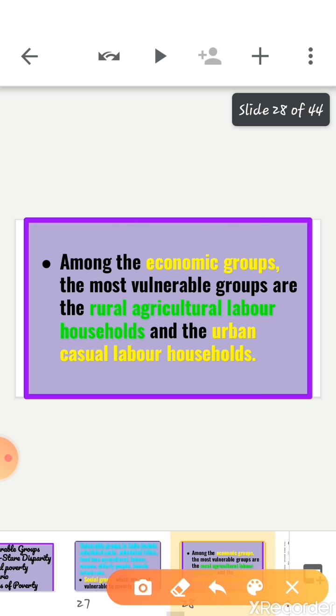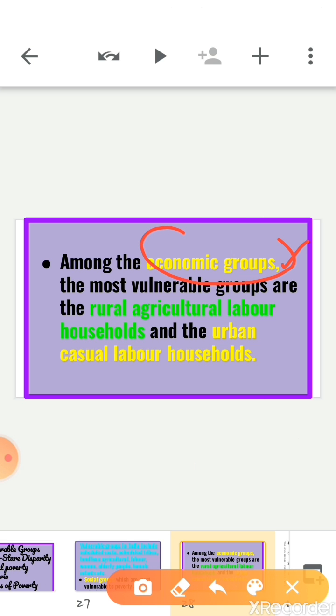Similarly, if we talk about the economic groups, the most vulnerable groups are the rural agricultural labor households and the urban casual labor households. Clear? In the social groups, the most vulnerable to poverty are SC and ST households, right?